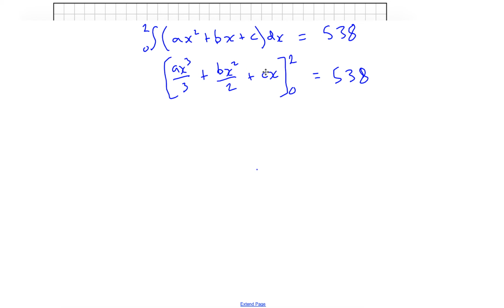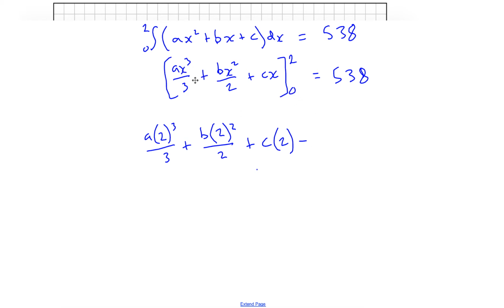So we're going to keep going here. Now we're going to put in the value of 2 for x. So if we put 2 in for x first, we get a times 2 cubed over 3 plus b times 2 squared over 2 plus c times 2. And then that's going to be minus, putting 0 in for all these terms.